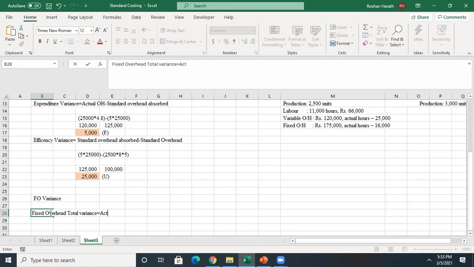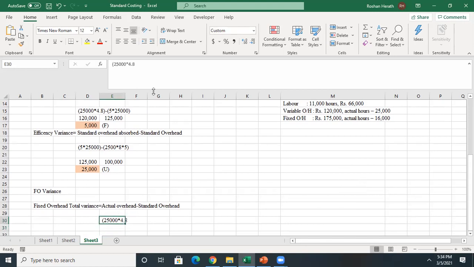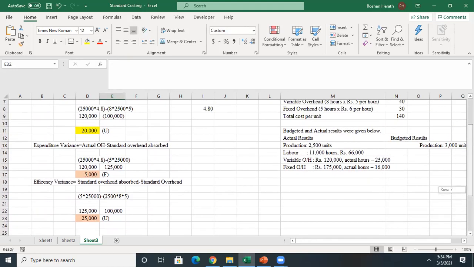How are we supposed to take that? It's again actual overhead minus standard overhead. Actual fixed overhead, there we figure that out. It's in fact 175,000. How have you taken that fixed overhead?